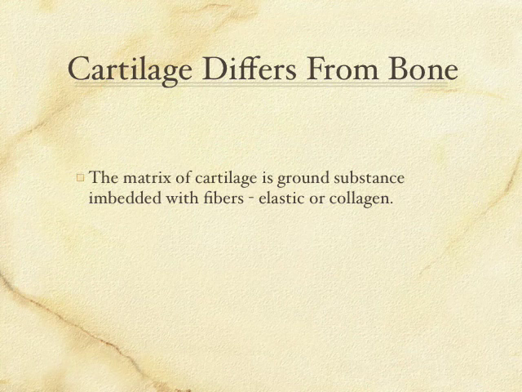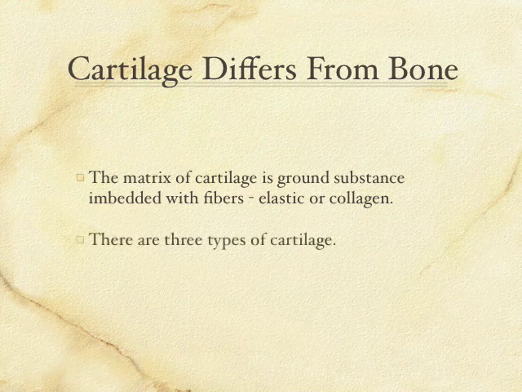Remember, it's a mix of ground substance, and it's always got fibers embedded into it. Kind of like if you want to make concrete strong, you put steel reinforcement bars into it. And so cartilage gains much of its strength from fibers that are embedded into the structure of the cartilage.